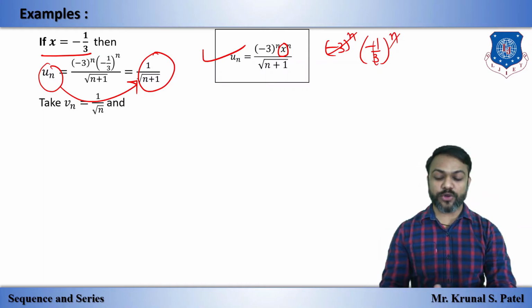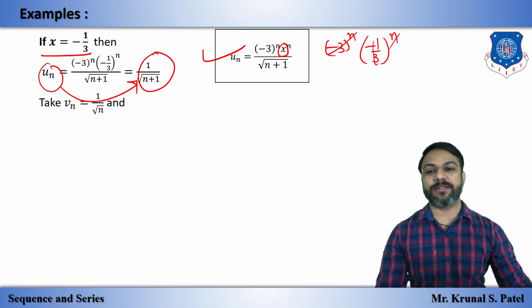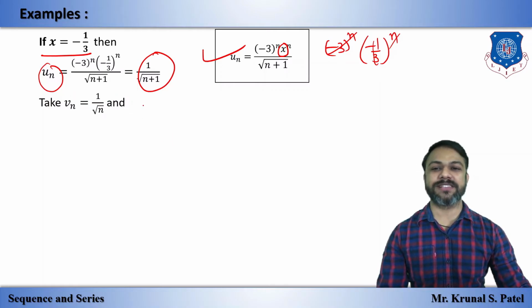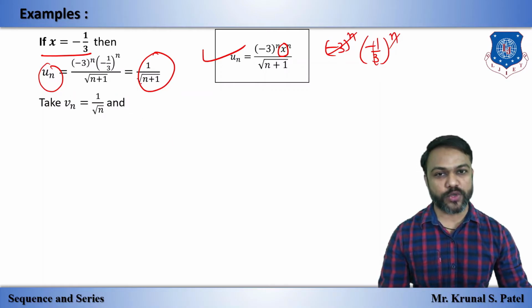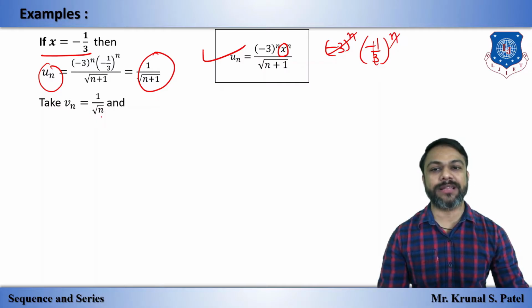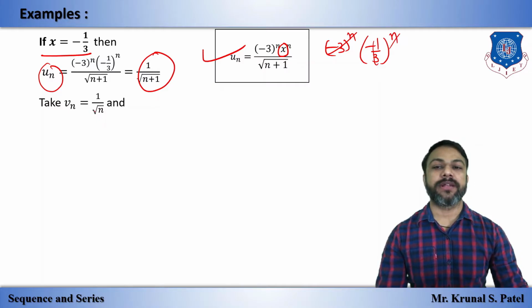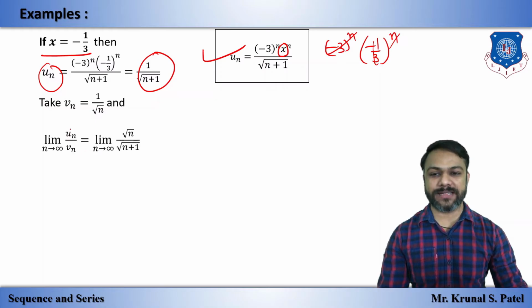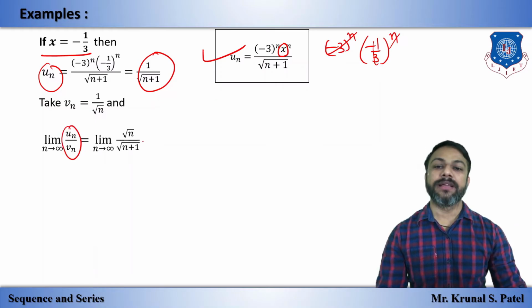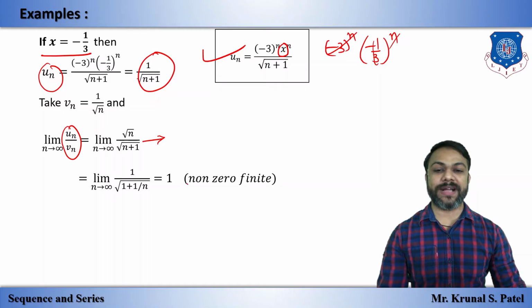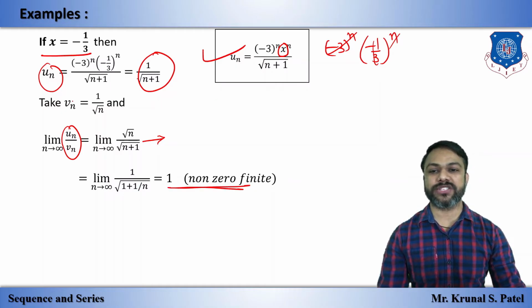Okay, so this is our simple comparison test. We can take n common from this root. So we have root n, that means n raised to 1 by 2. Now by limit comparison test we will check this ratio un by vn, if this is finite and non-zero. So by limit comparison test we can check for the vn.